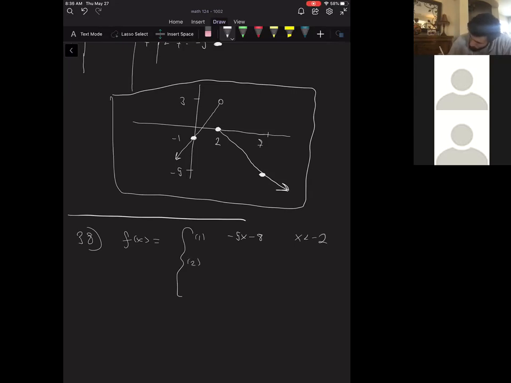The second equation is 1/2 x plus 5. That is for minus 2 up to 4. And the third equation, 10 minus 2x, and that is for x values bigger than 4.